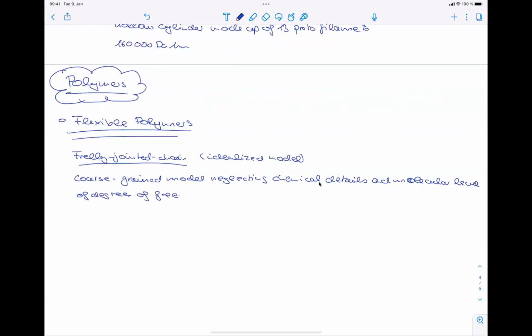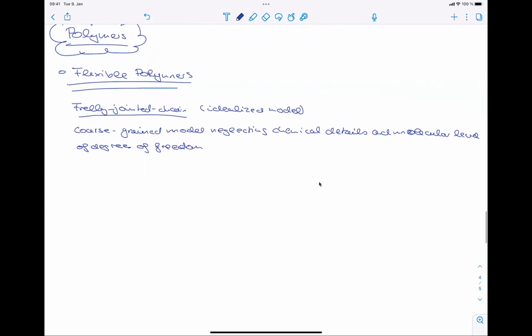We only here care about the monomers as being lined up in a chain. So they are lined up in a chain, and that's all we care about.